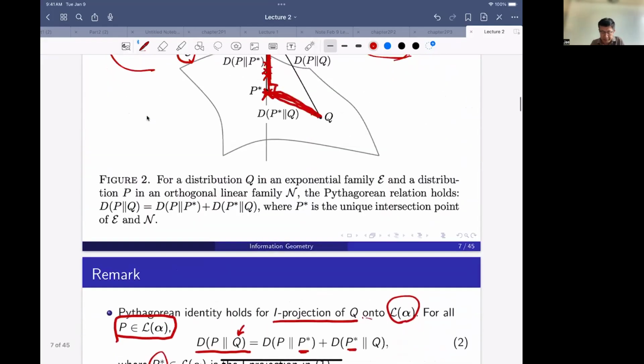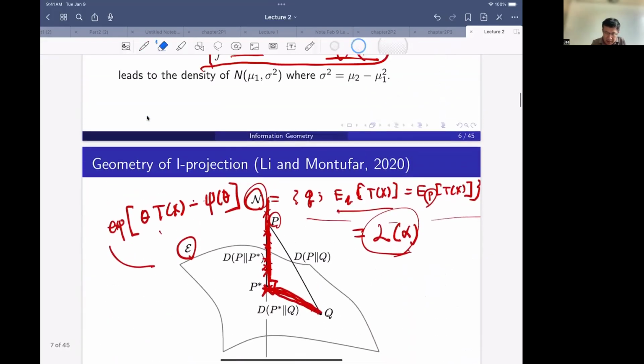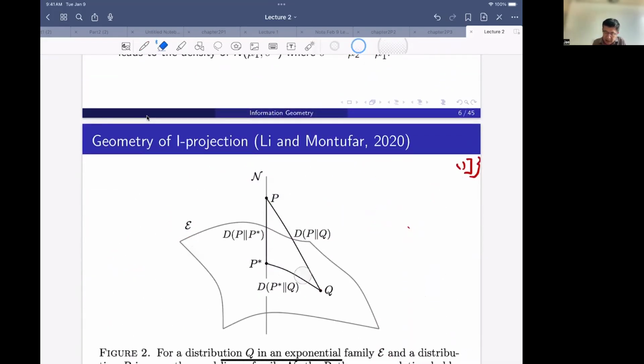So what does that mean? Well, let me explain in a different way. This vertical line basically represents the value for a given mu, I mean alpha, right? So that's a mean vector.